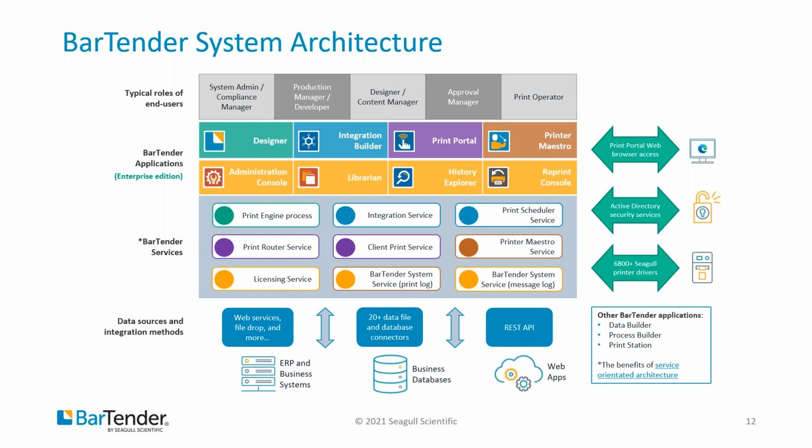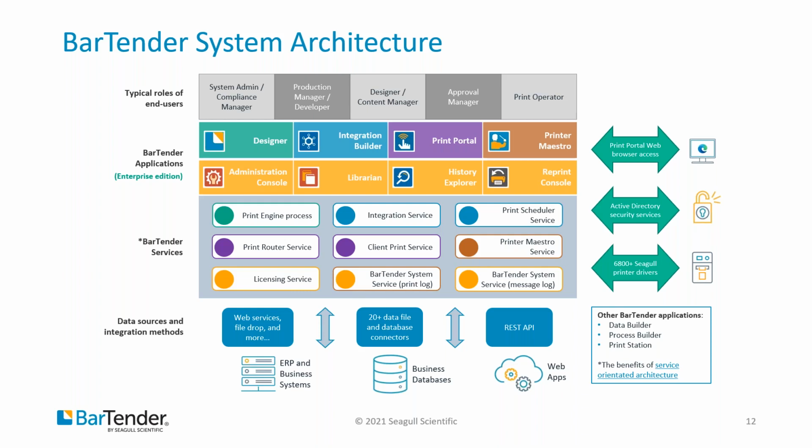These are both applications that connect to the BarTender system database, which is a SQL Server database where we store BarTender generated data. And that can include print job logs, application message logs, but it also includes the document repository used by Librarian.